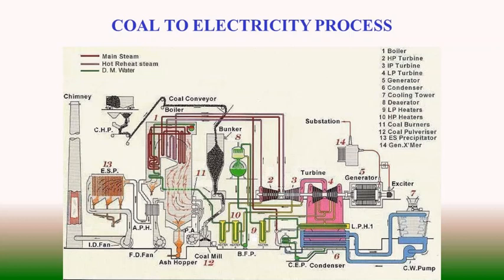In the coal to electricity generation process, we have seen how water is converted into steam with the transfer of heat, and this steam is utilized in the prime mover, like a steam turbine, to get the work output.